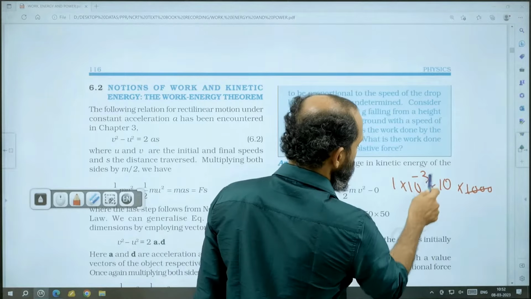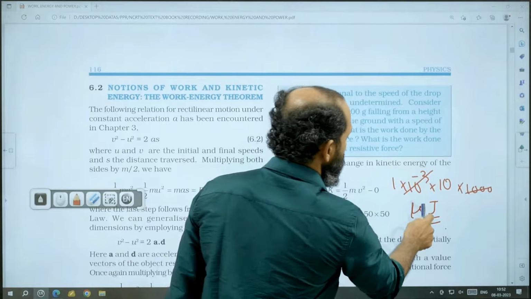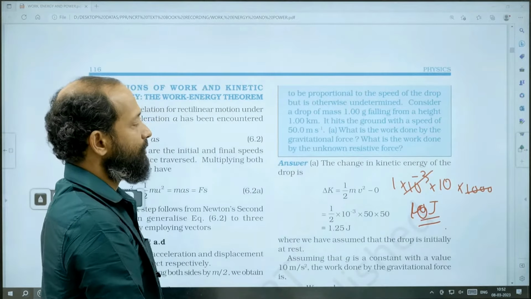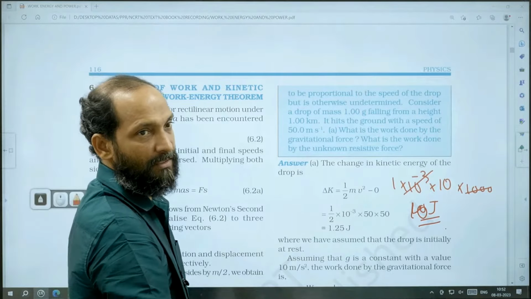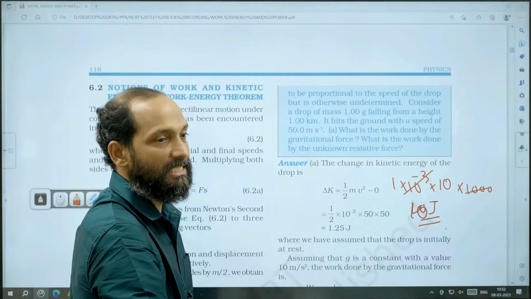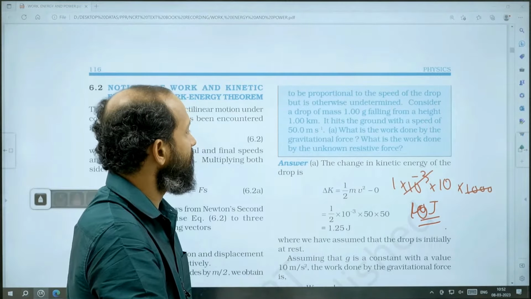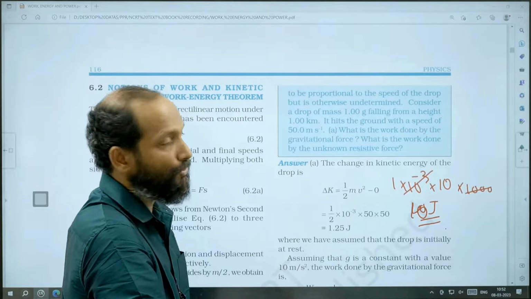So the 1000 and minus 3 cancel, and you get 10 joule. 10 joule is the gravitational potential energy change involved in this process. And that is only the consequence of work done by the conservative force. So work done by gravitational force is positive here because the force is in the downward direction.